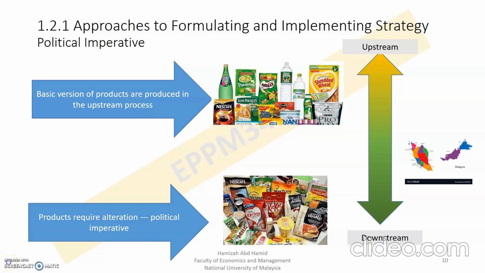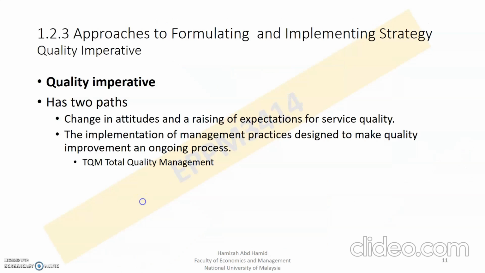Okay, moving on. The next imperative is the quality imperative. There are two paths for the quality imperative. One is totally focusing on quality. Next is focusing on administrative coordination.